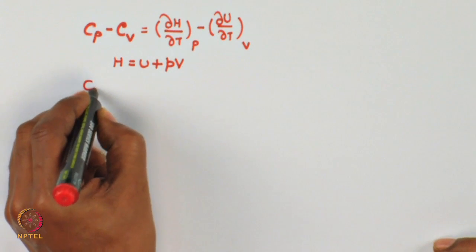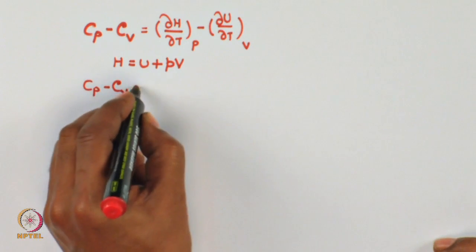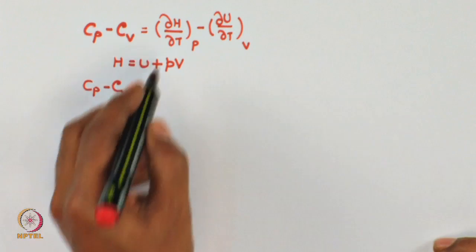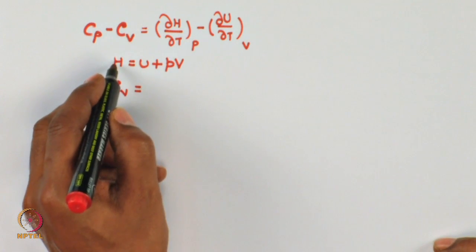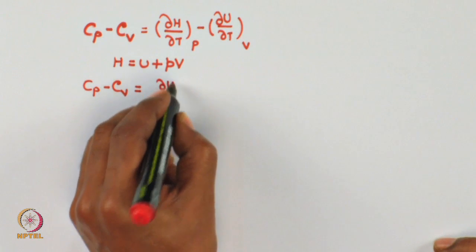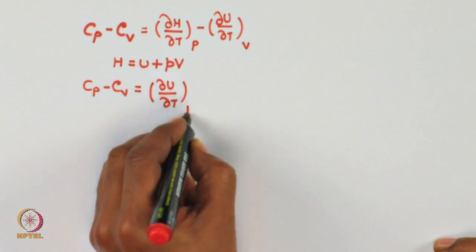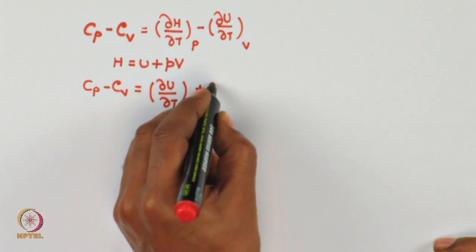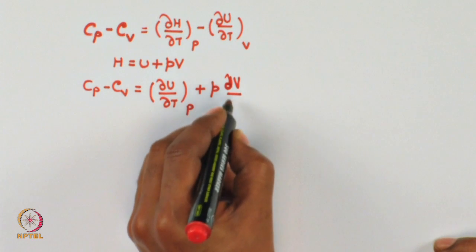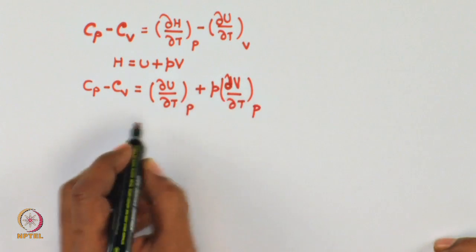So, Cp minus Cv gets modified to, let us take its derivative at constant pressure. This will be dou U dou T at constant pressure plus P dou V dou T at constant pressure.